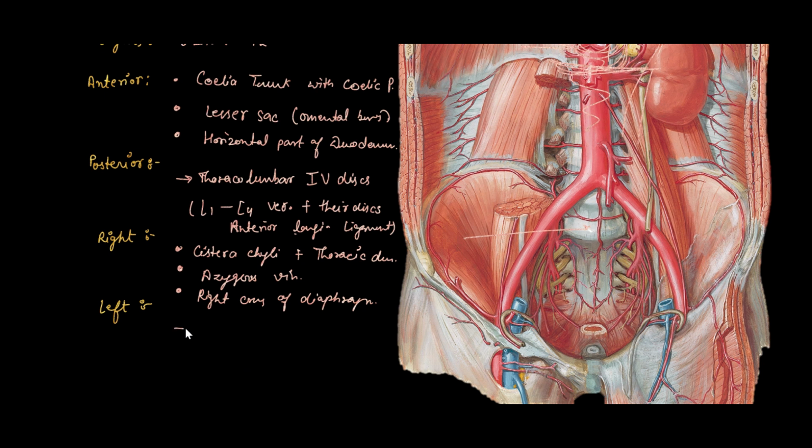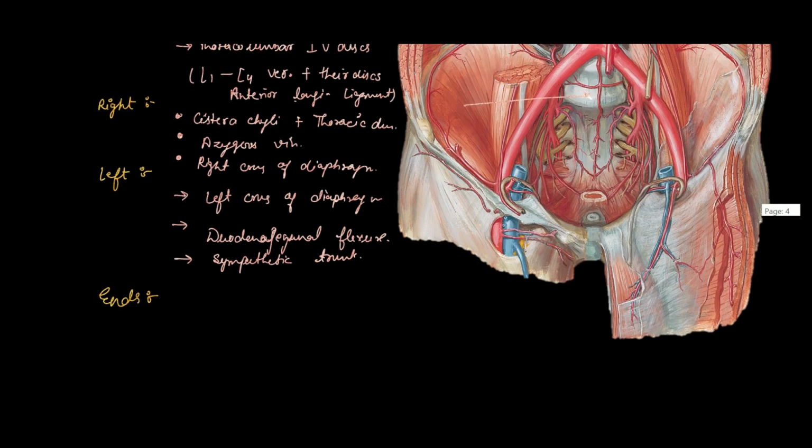Now let's see the left aspects. On the left aspect we will see that here lies the left crus of diaphragm, and we also saw the duodenojejunal flexure with the sympathetic trunk descending down to the left of the abdominal aorta.